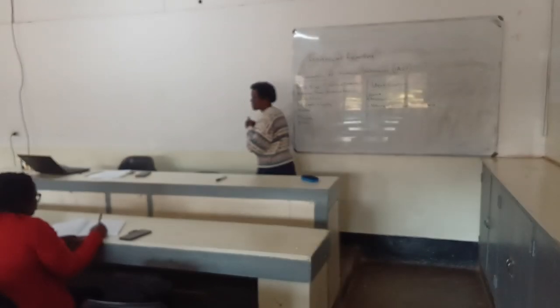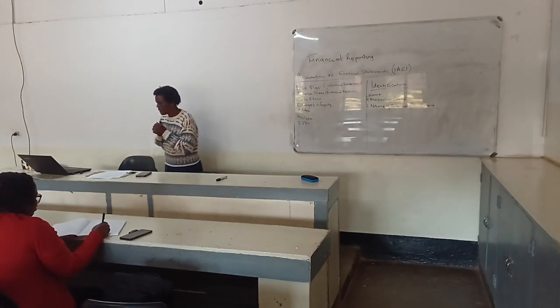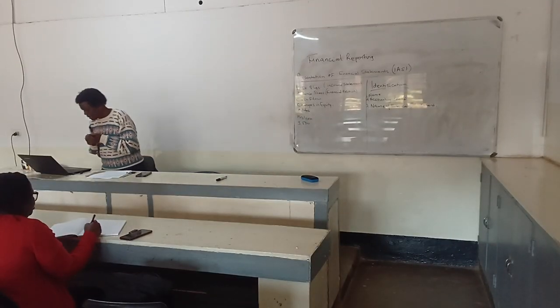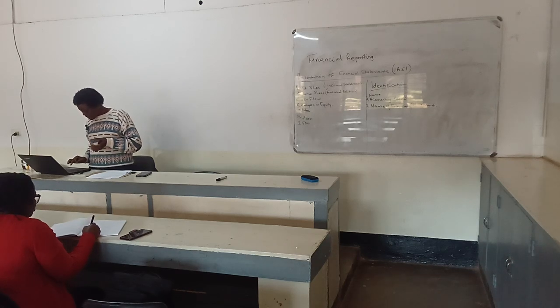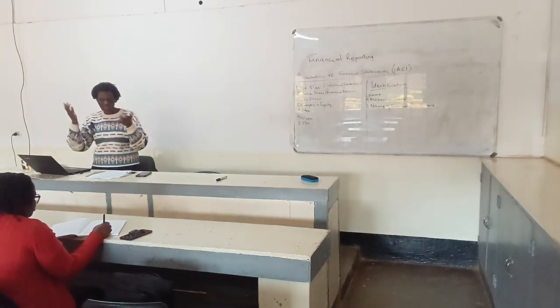So when we're talking of materiality, we're thinking along those lines: which do you value as very important? That's why materiality is very, very important to us, because then we are going to know that this one is fine.